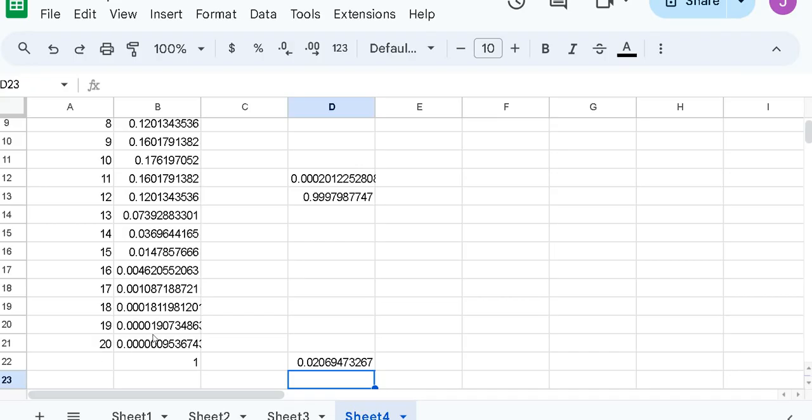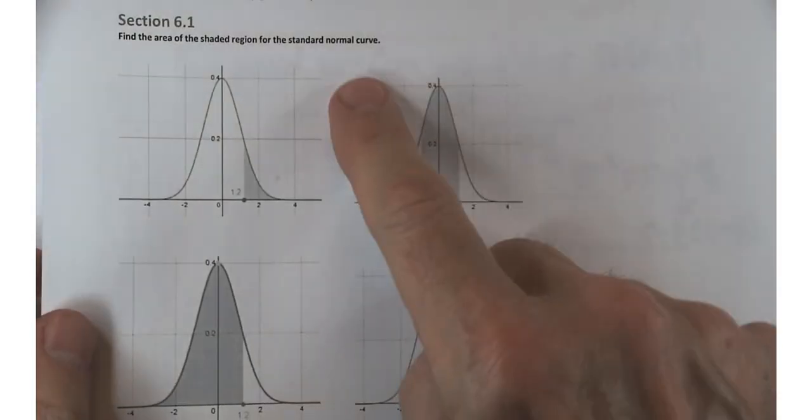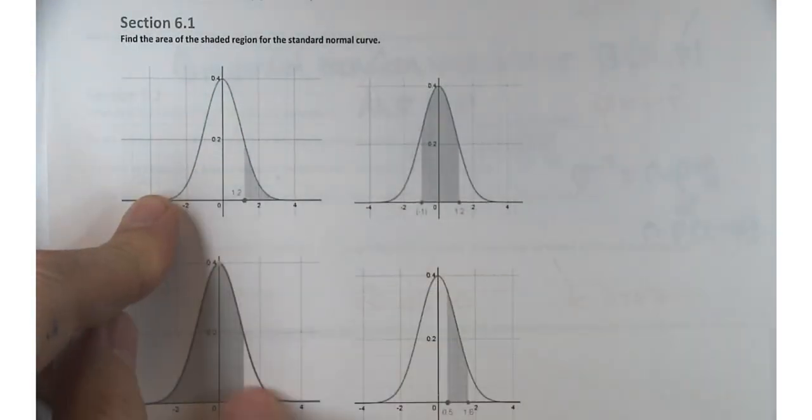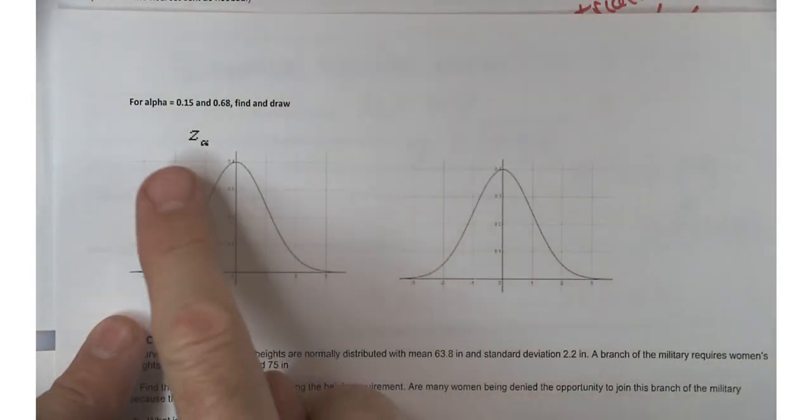Nice. The rest of what you can expect is just some calculations of areas underneath here. There is one last final thing that I'm going to remind you of. You should be able to find areas for the standard normal curve or a non-standard normal curve. But the notation that you need to know and make sure you've got down for Thursday is this one right here. Z sub alpha.